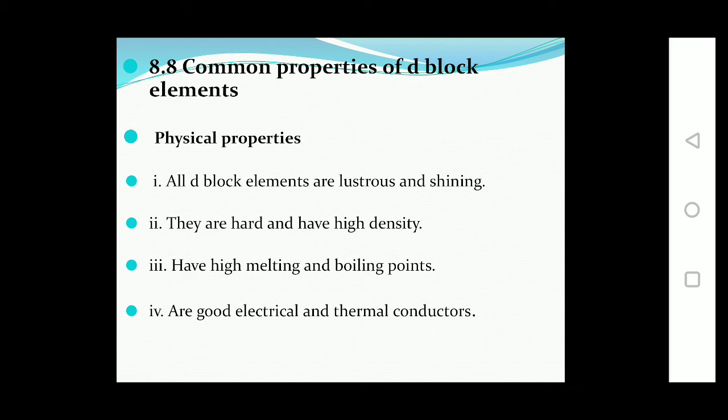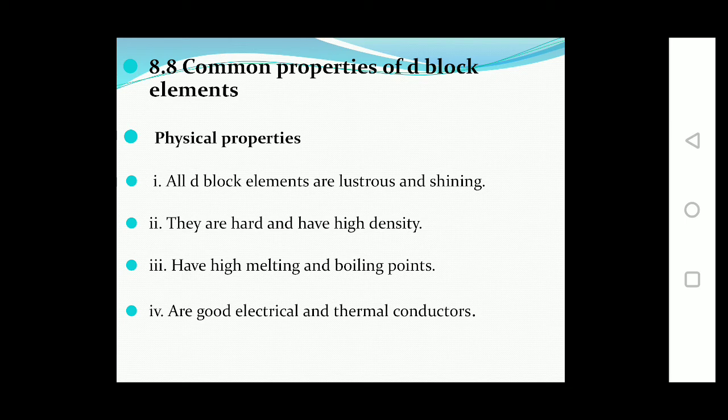Now, physical properties. As you all know very well, all the elements of the d-block are metals. Hence, they show typical metallic properties. First, all these elements are lustrous and shining. Their outer surface is lustrous. They are hard and have high density, as they are metals.